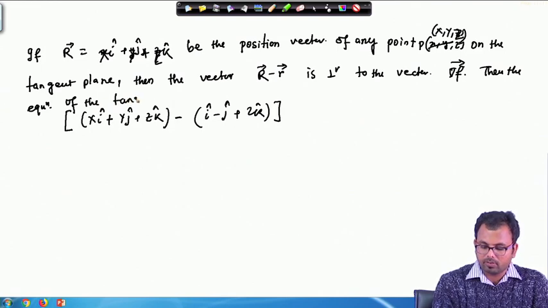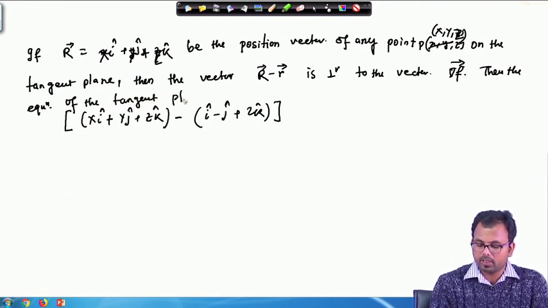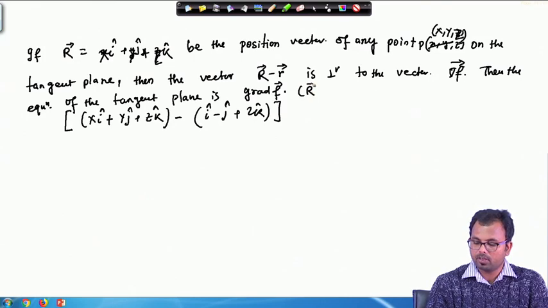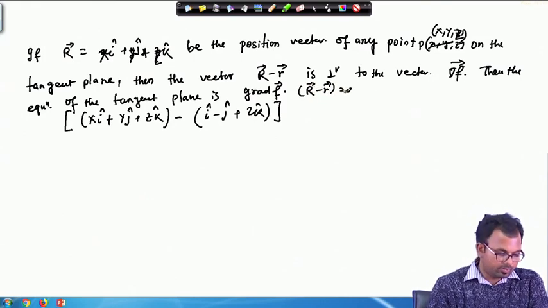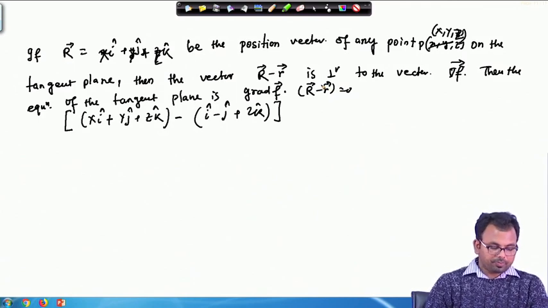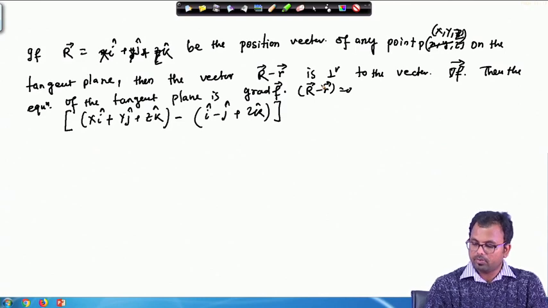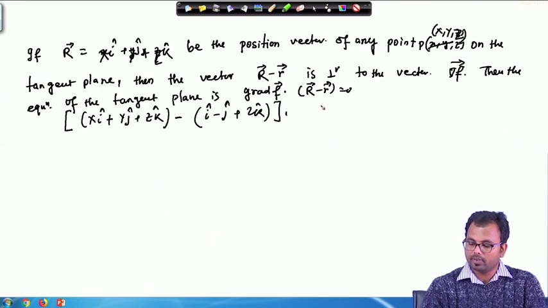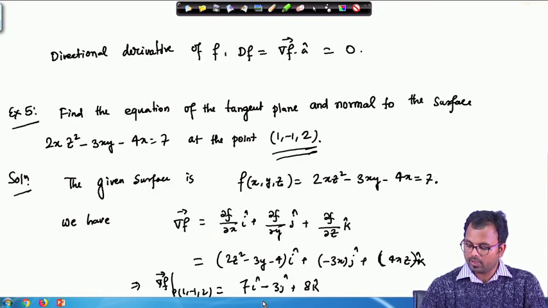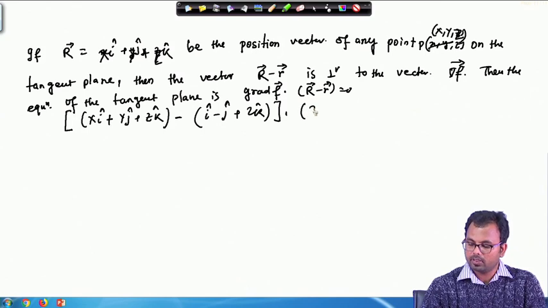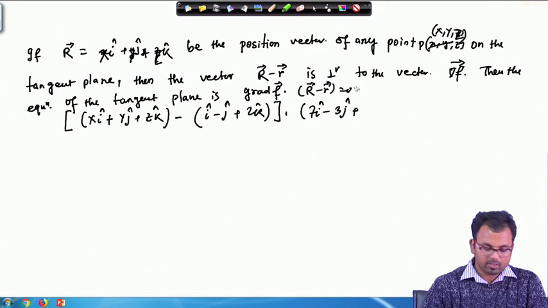I forgot to write this. So, the equation of the tangent plane is gradient of f dot product with capital R minus small r equals 0. So, this is the required equation of the tangent plane. Now I am writing capital R minus small r is this one, dot product with gradient of f, which we have already calculated as 7i minus 3j plus 8k.